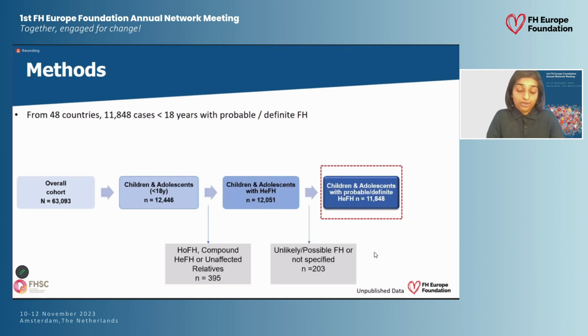So we had data from 48 countries, and a total of 11,848 children and adolescents were diagnosed with heterozygous FH within our registry. And what I would like to say is that the findings that I will present now have been accepted in the Lancet, and we are awaiting a publication.